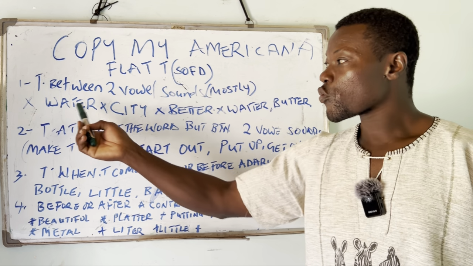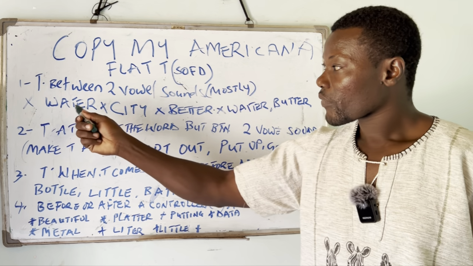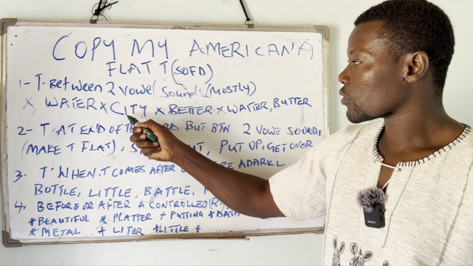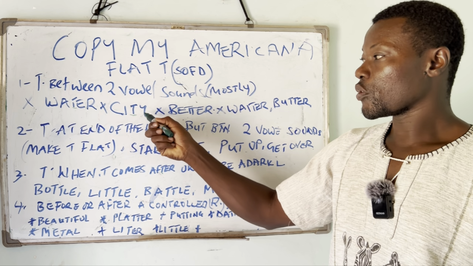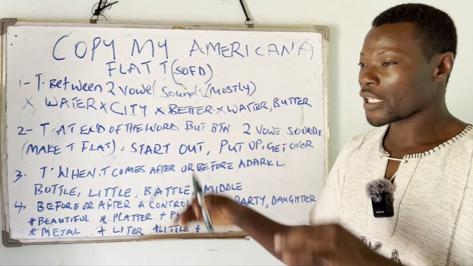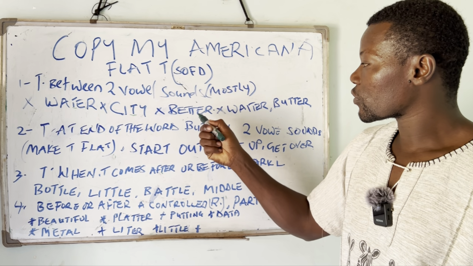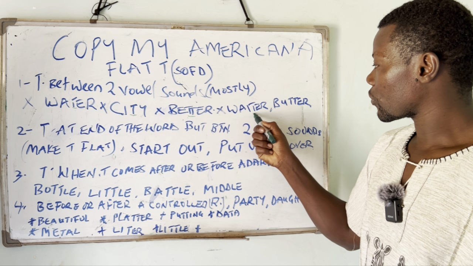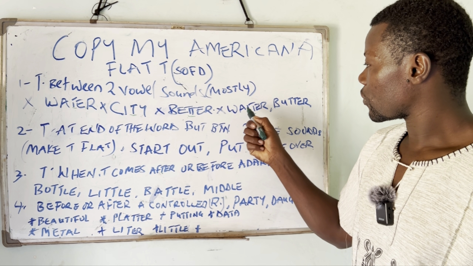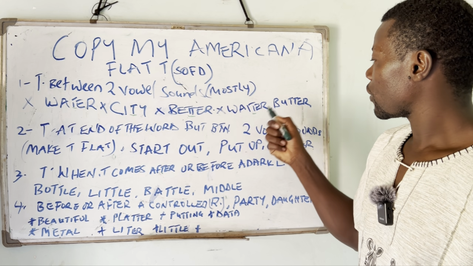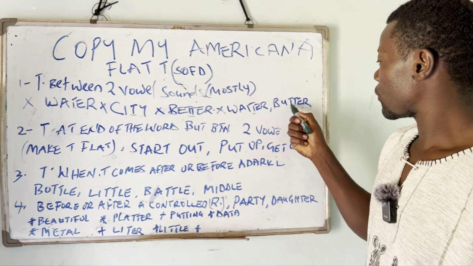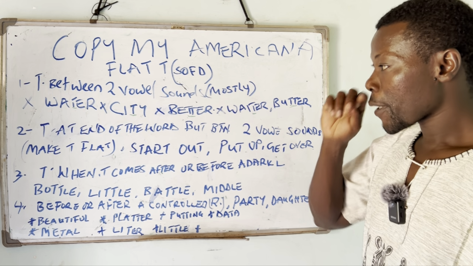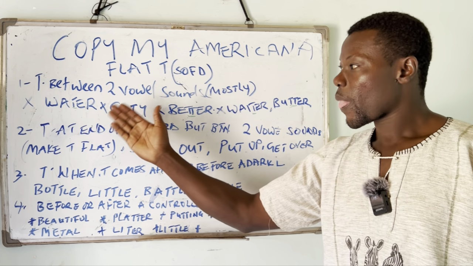So one, we have words like, you see these two vowels, there is T here, there is T here. Okay, there was T there, and then there was T here. So let's go for these words. There was water, water.